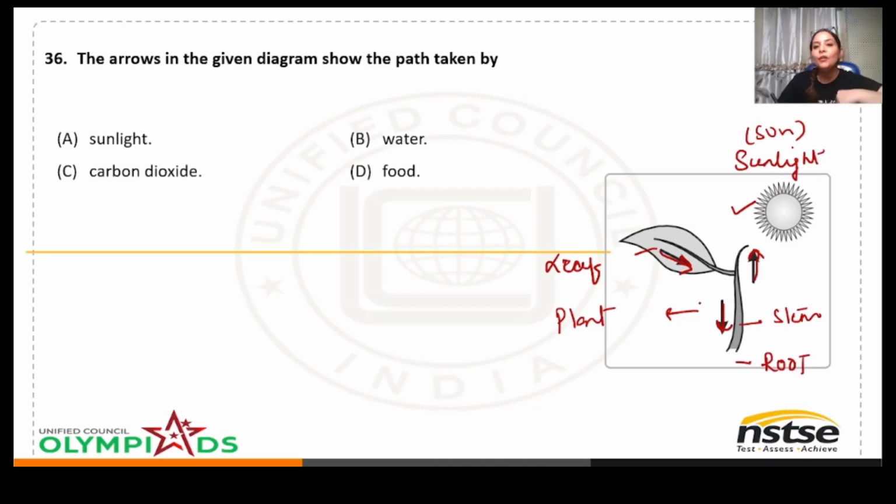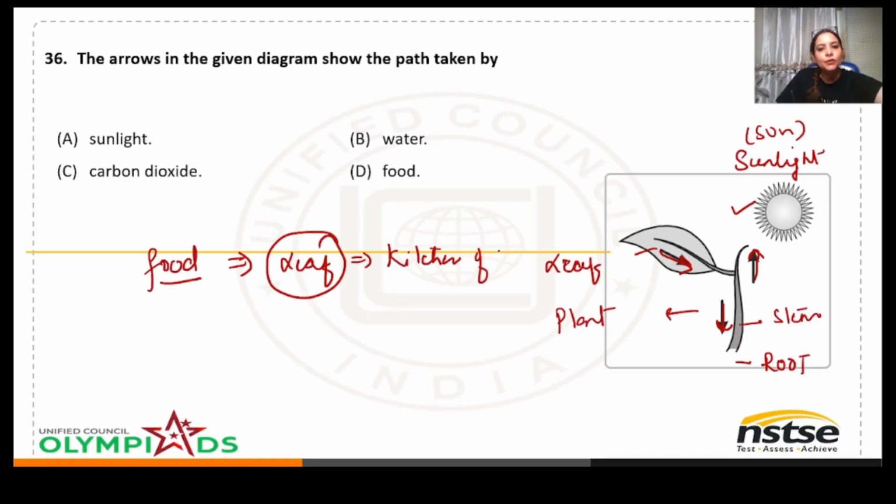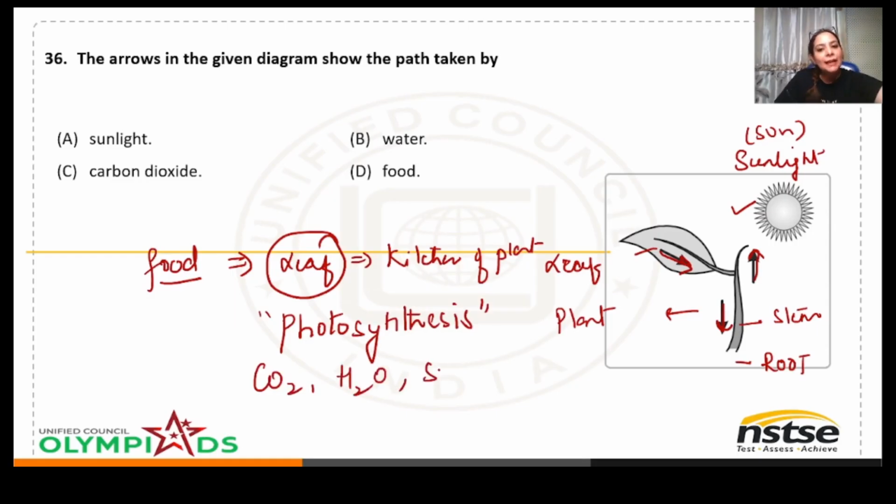So I hope you can recall that plants which contain chlorophyll can make their own food, and chlorophyll is present in the leaf. That is why leaves are called the kitchen of the plant. They are called the kitchen of the plant because they can perform the process of photosynthesis, that is preparing their food by utilizing carbon dioxide, water, sunlight, and also in the presence of the pigment, that is chlorophyll.